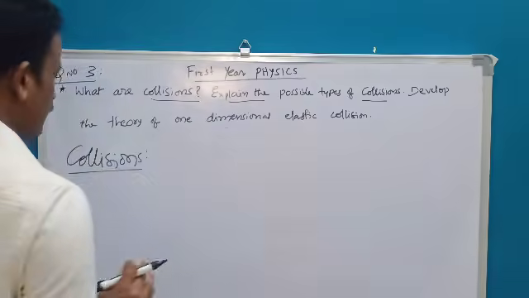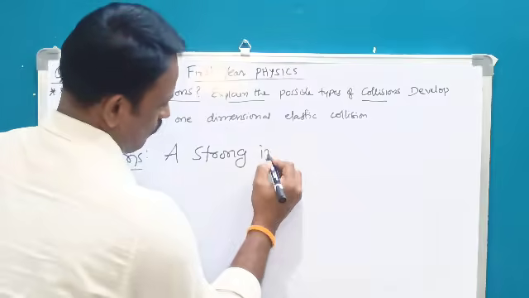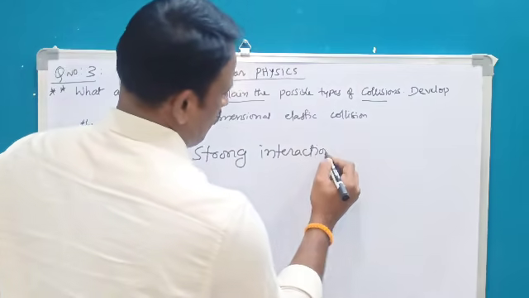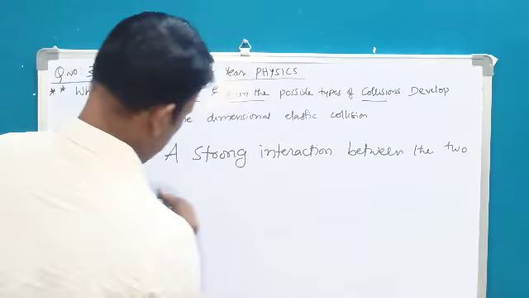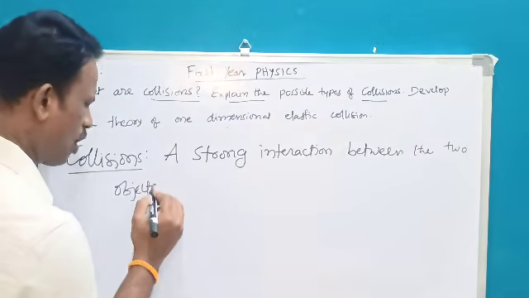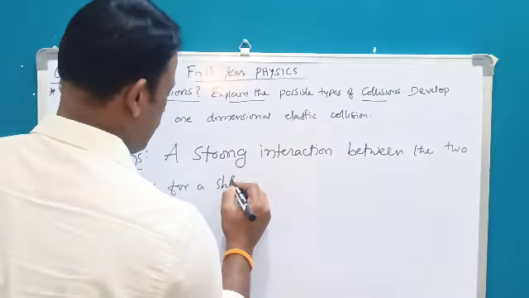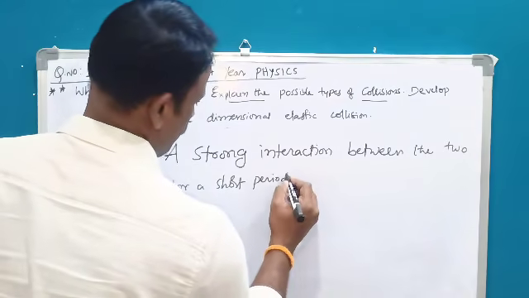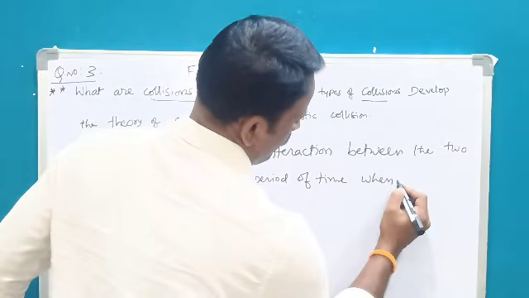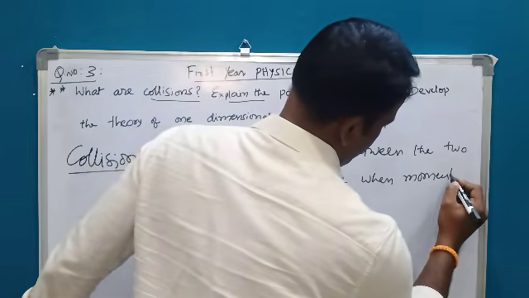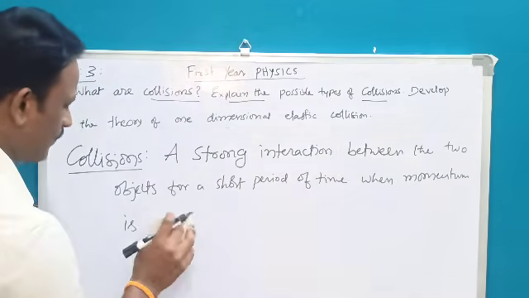So now what we are writing: a strong interaction between the two objects, for a very short period of time, where momentum is redistributed.